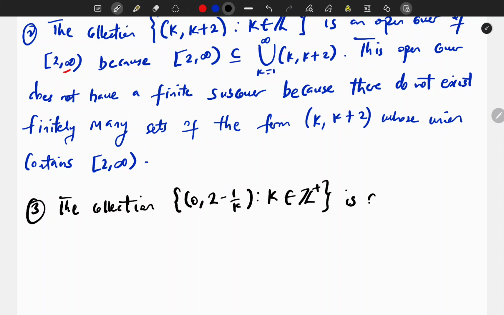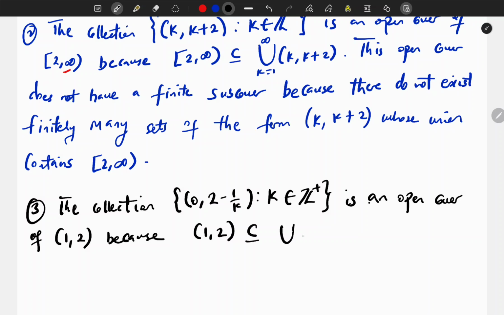It's an open cover of 1, 2 because 1, 2 is contained in the union of all these intervals 0 to 2 minus 1 over k, k equals 1 to infinity. But this open cover does not have a finite subcover.